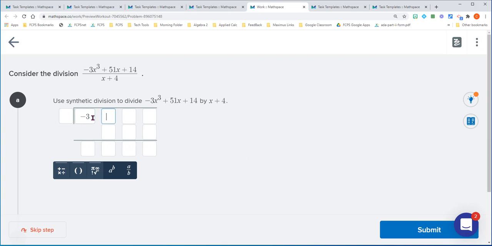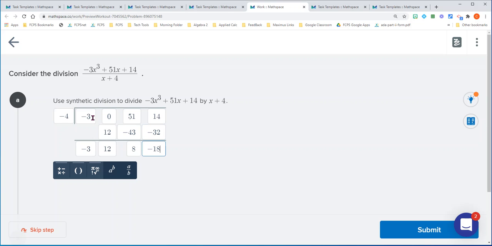Okay, so D, 0, see that missing? The 0, okay. Minus 48. Minus 32. 18.